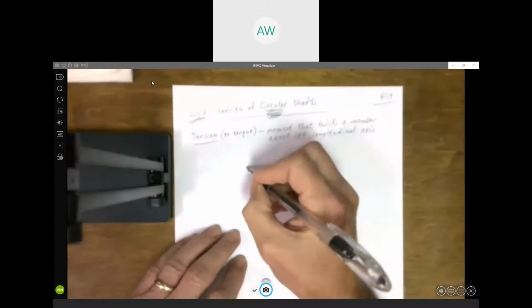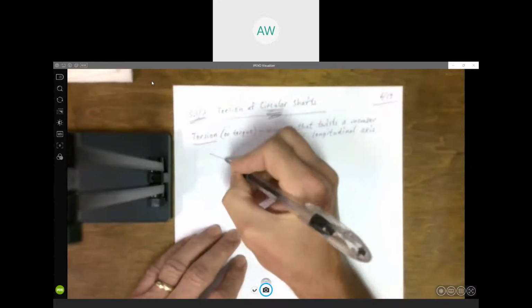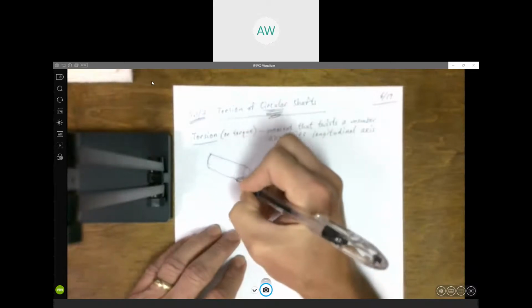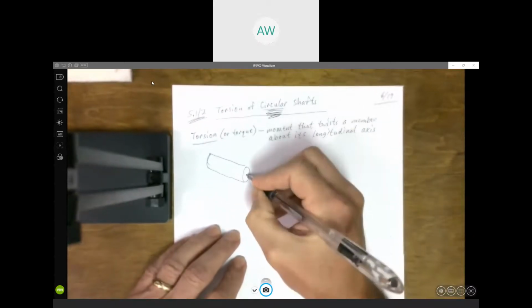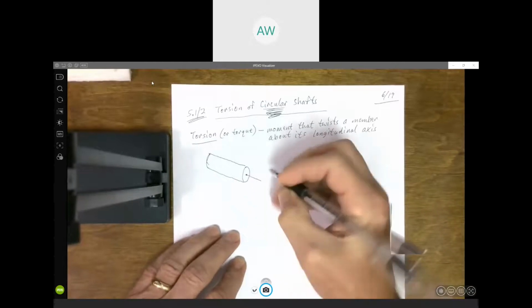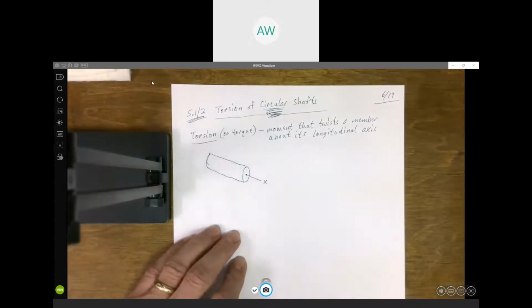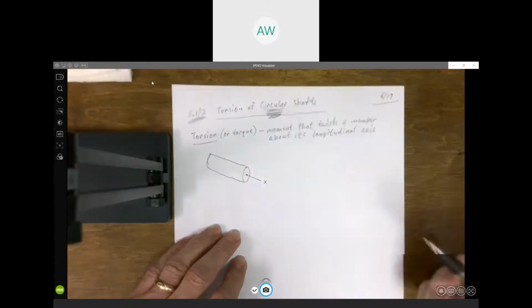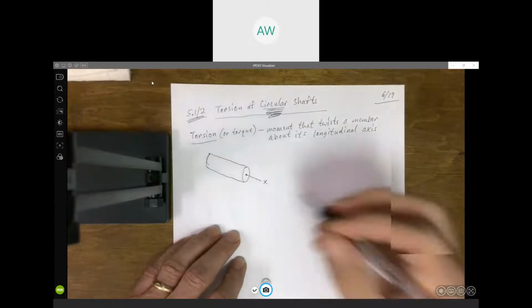For example, if we look at this shaft or bar that's got a circular cross section, to be consistent with what we have done in the past, the longitudinal axis, we're going to stick with calling that the x-axis.